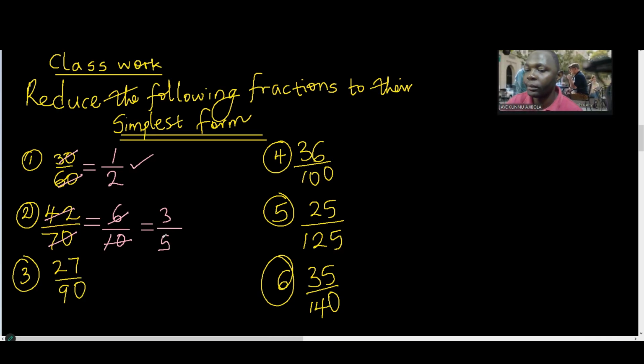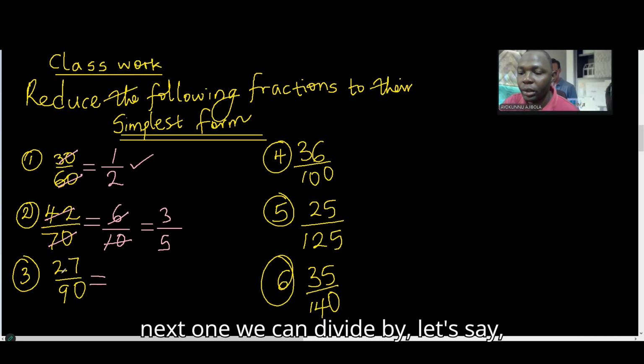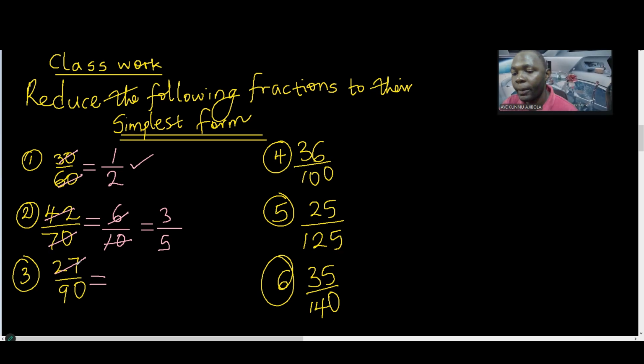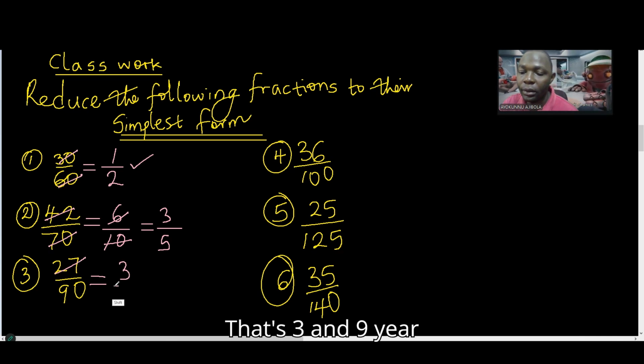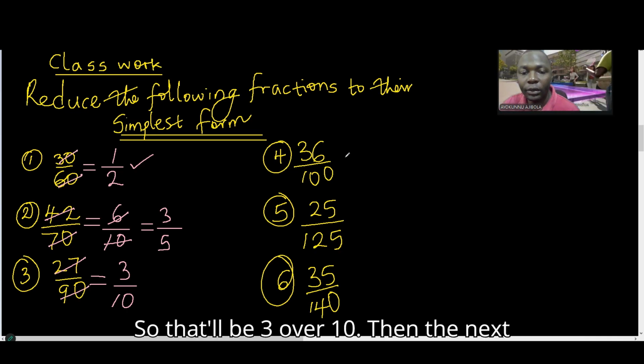Is that clear? Then the next one we can divide by, let's say 9. 9 here is what? That's 3. And 9 here is 10, right? So that'll be 3 over 10.